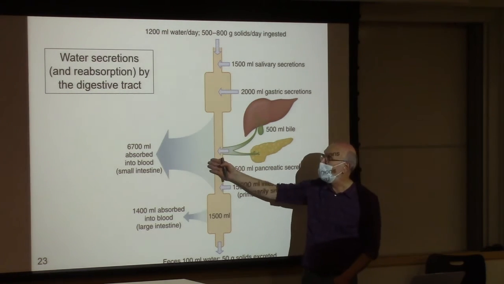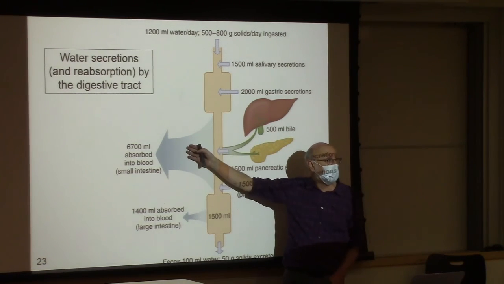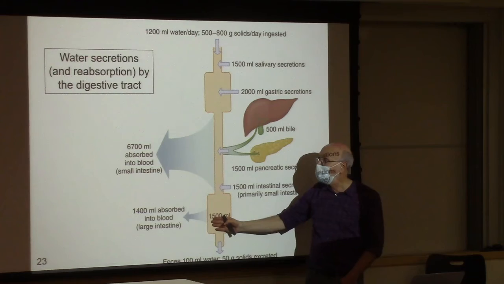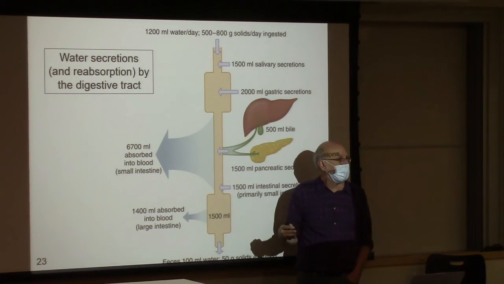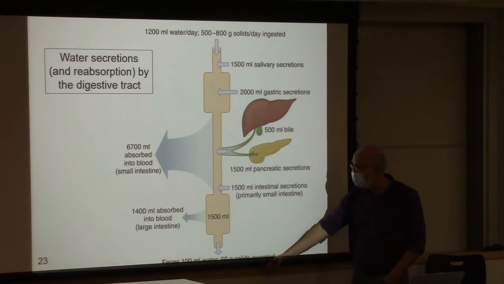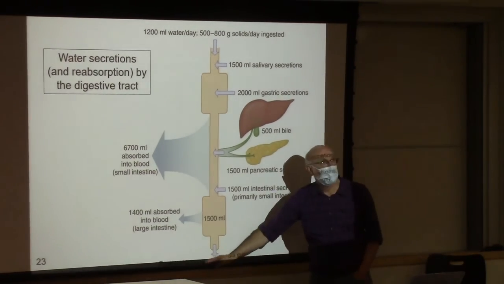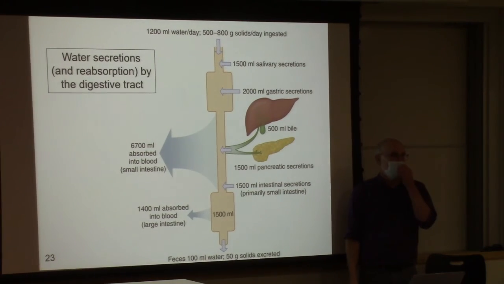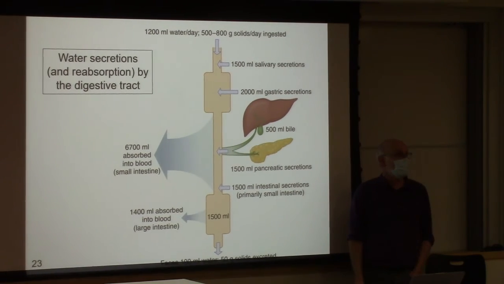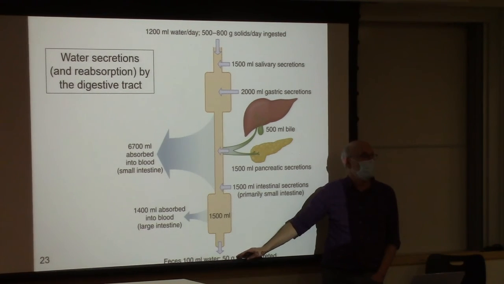So the small intestines absorb a lot of water, and the large intestines polish it off and absorb another amount of water, so that you excrete about 100 milliliters of water a day from your digestive tract. Now, you know you produce a lot more than that from your kidney, right?